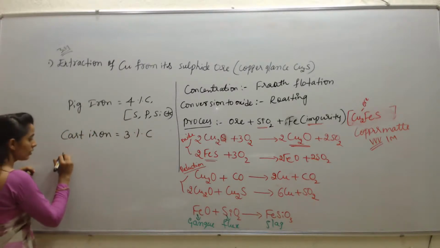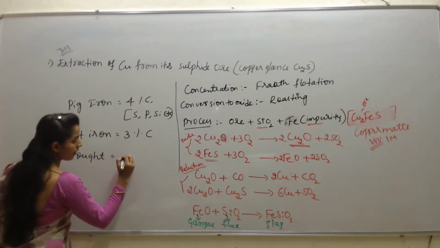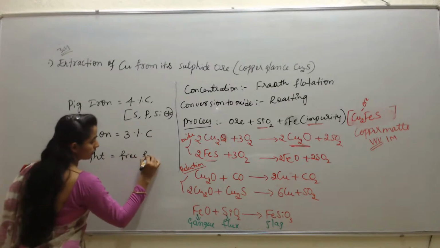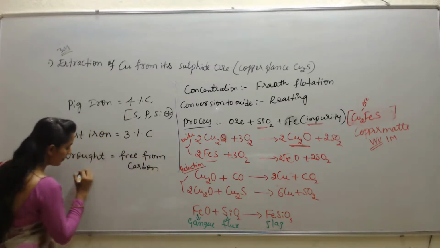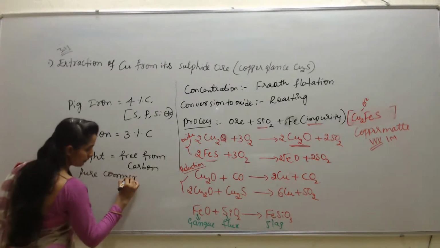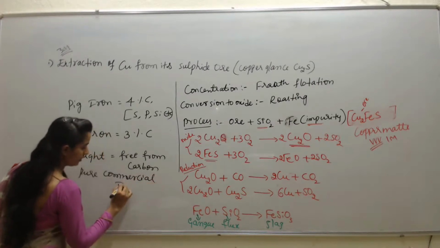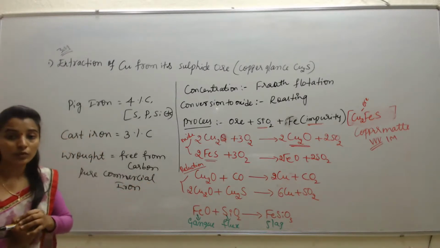Okay, so next, the last one is wrought iron, which is free from carbon. Free from carbon, that means a pure commercial iron which we use to prepare the respective useful metals.